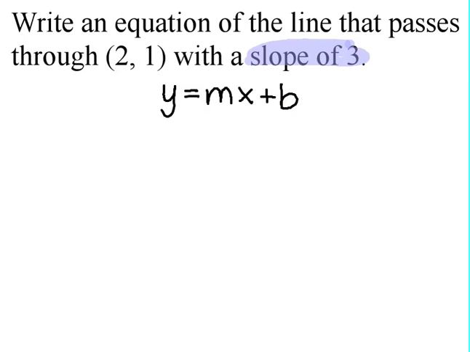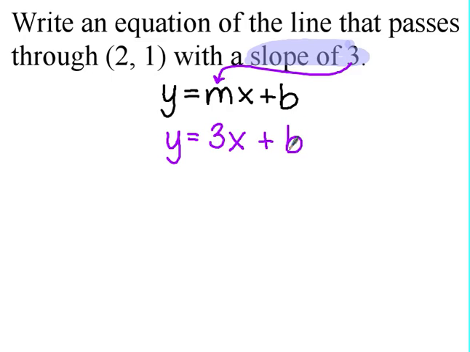And so now what I'm going to do is take that slope of 3, and where am I going to put that 3? In place of m, right. So I now have y equals 3x plus b.